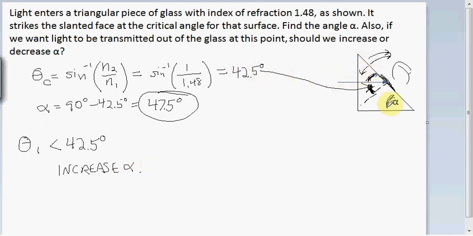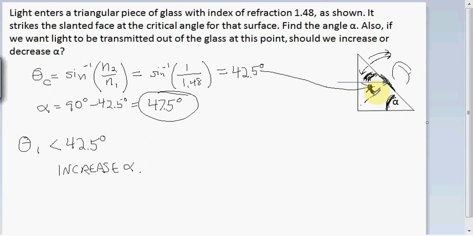Remember that this angle here is the same as alpha, because this line and this line are parallel. And so if I increase alpha, I'm also increasing this angle here. And since this angle and this angle have to add up to 90 degrees, if I'm increasing this angle, I'm decreasing this angle. And that will put me below the critical angle, and that will cause light to escape the glass at this point.